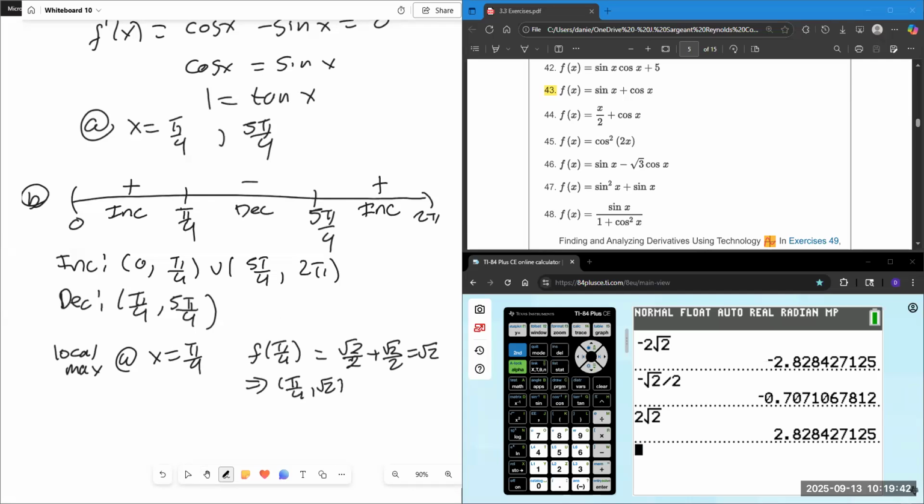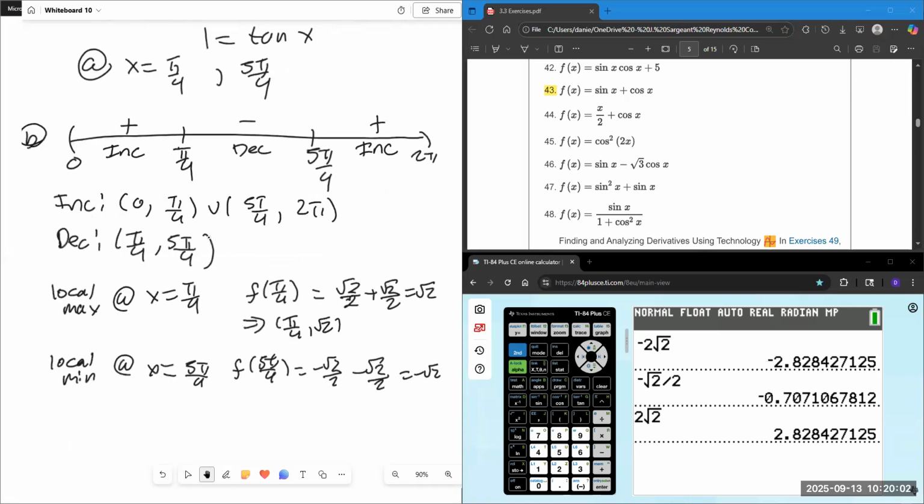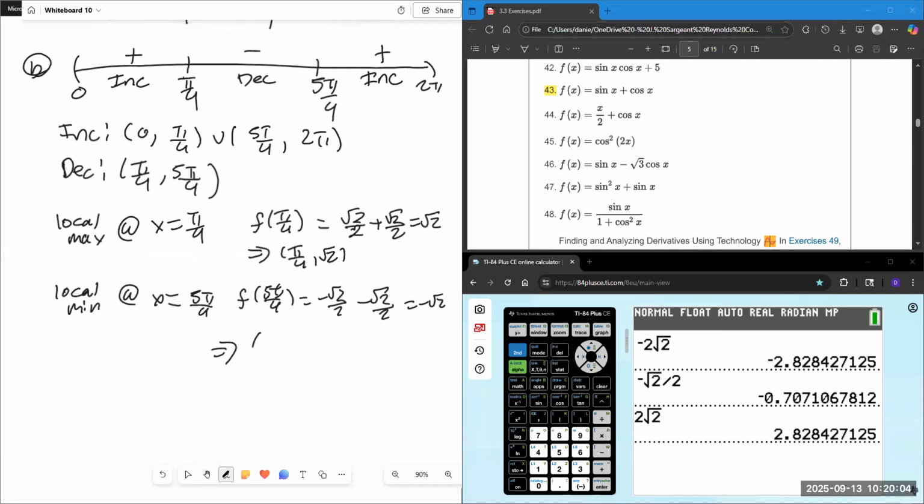We have a local min at x equals 5 pi over 4. So f of 5 pi over 4 is negative root 2 over 2 minus root 2 over 2 is a negative root 2. That gives us an ordered pair of 5 pi over 4, negative root 2.